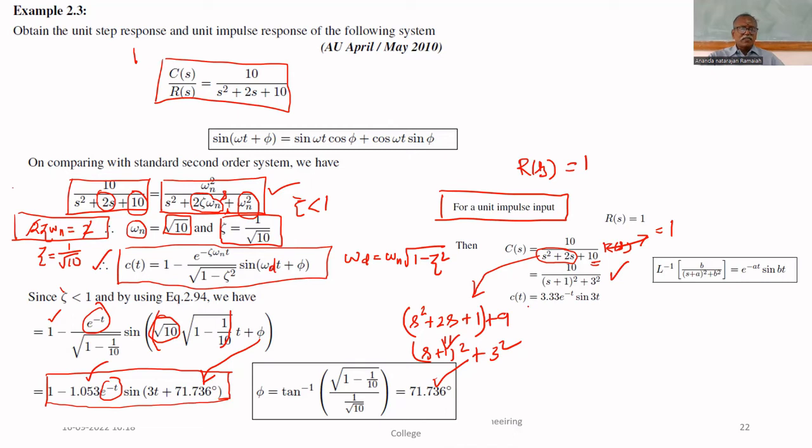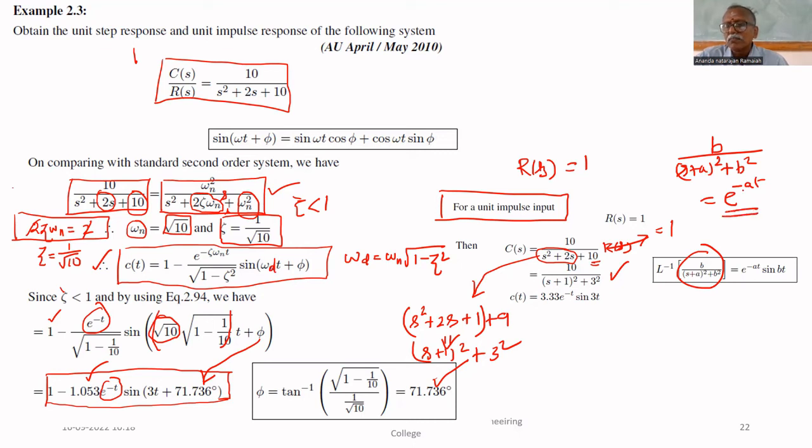Wherever you find S, it is S plus 1. What is the formula? This is the formula, Laplace inverse of B upon S plus A whole square plus B square equal to e power minus AT sin BT, because instead of S, S plus A is there.